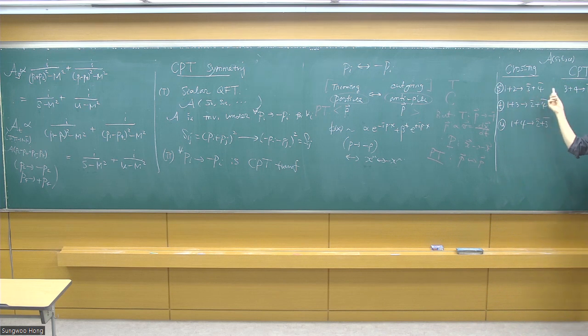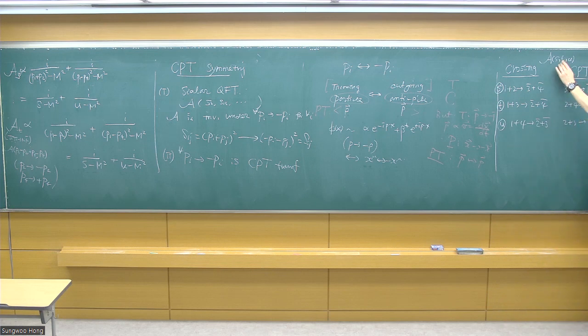Outgoing antiparticle becomes incoming particle. Incoming particle turns into outgoing antiparticle. Okay? I told you that's what CPT does. And then CPT of the second one is 2 plus 4 goes to 1 bar plus 3 bar. Finally, 2 plus 3 turns into 1 bar plus 4 bar.